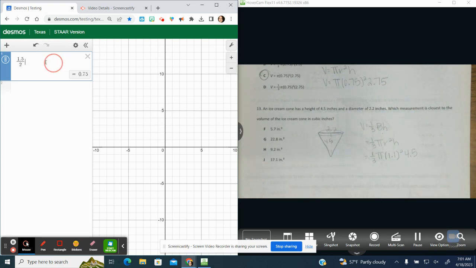And we type it into decimals. We have 5.7. So the answer is F.